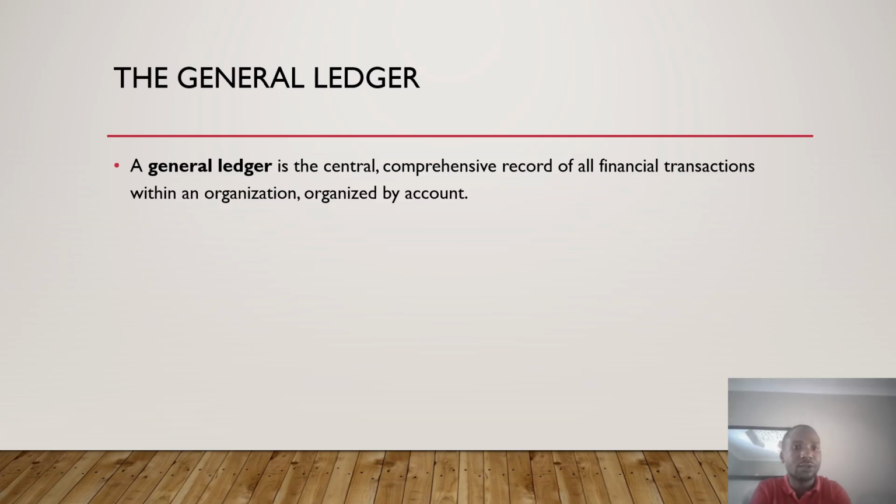A general ledger is a central, comprehensive record of all the financial transactions within an organization, organized by accounts. After we have entered all the transactions using the double entry system, we post all the transactions to the general ledger for that particular reporting period.